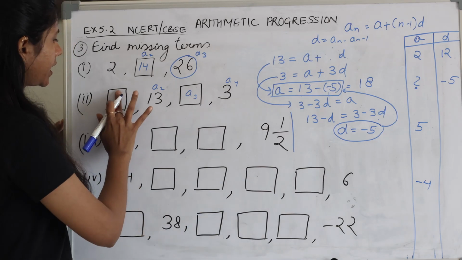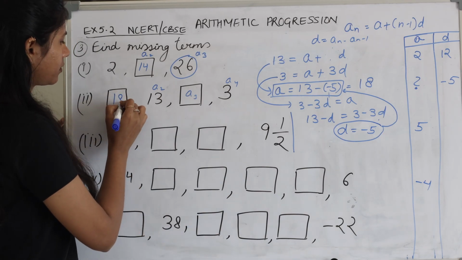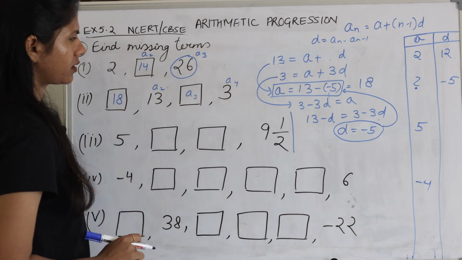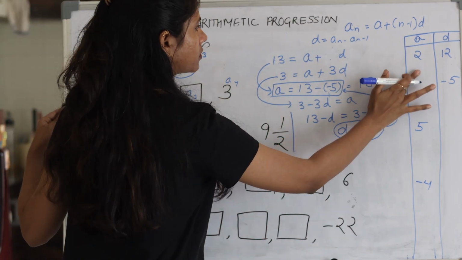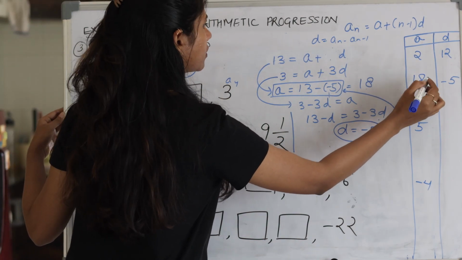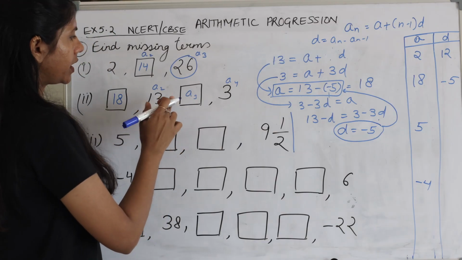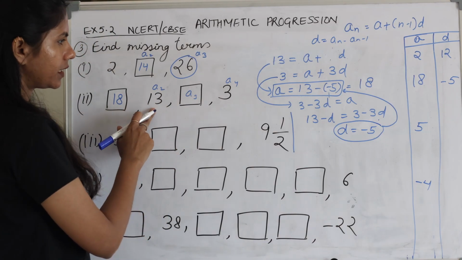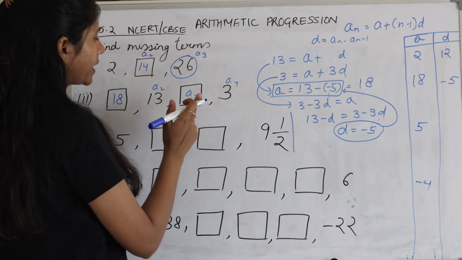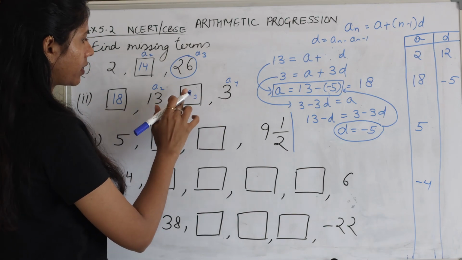So now you know that a is 18, a2 is 13, and you know d as well. Now it will be simple: a3 will be a2 plus d, so 13 plus minus 5. What will it be?